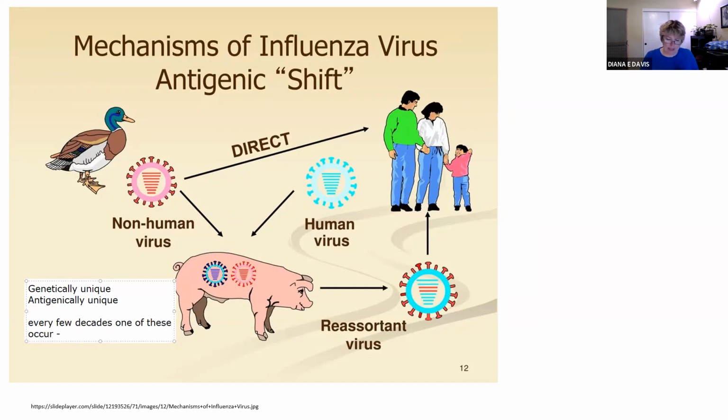And when that happens, you usually have a pandemic-like outbreak of the flu that is deadlier. So we talked about how the flu kills 20 to 50,000 Americans in a winter. When you have an antigenic shift and you get one of these reassorted flu strains, you're going to be on the 50,000 or even higher than that. So we're going to have a lot more deaths in those years.